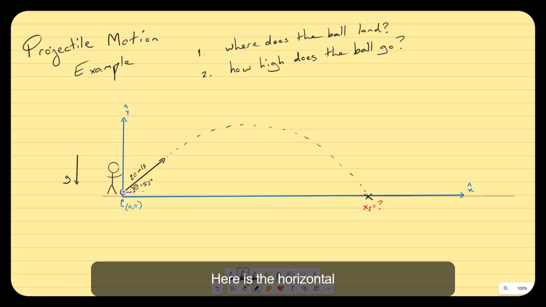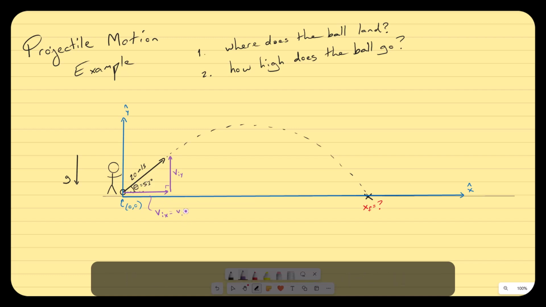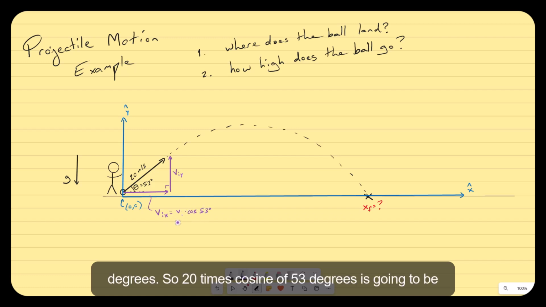Here is the horizontal component. Here is the vertical component. This is going to be my v initial y, v initial x. I'm going to do this using basic trig, right? I have this right triangle, and I'm going to say v initial x is going to be v initial times the cosine of 53 degrees.